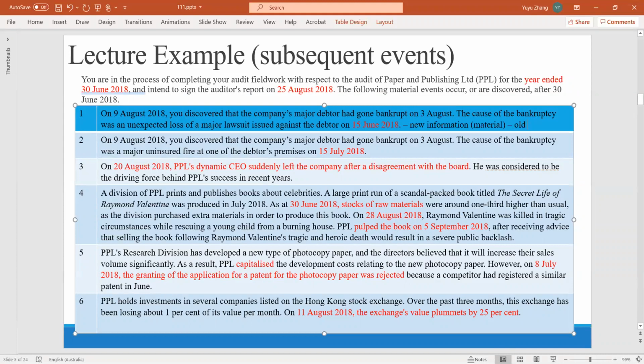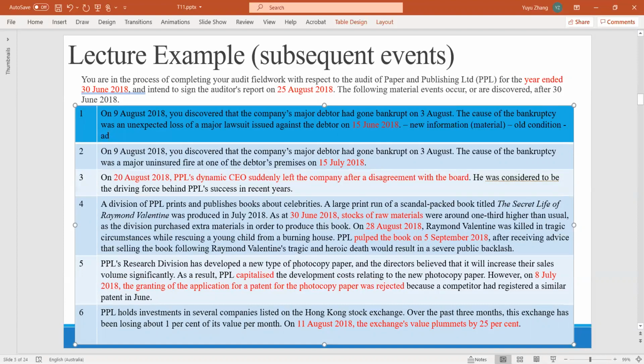So that is about an old condition. So what is your answer? So that will be adjusting. Very good.